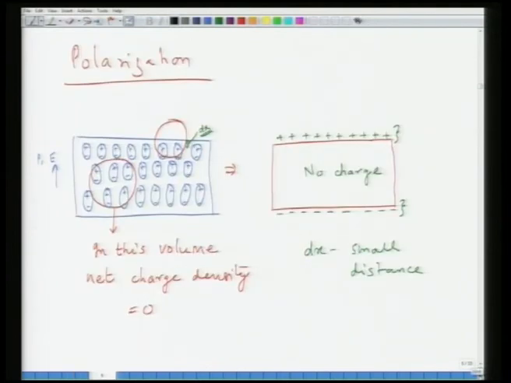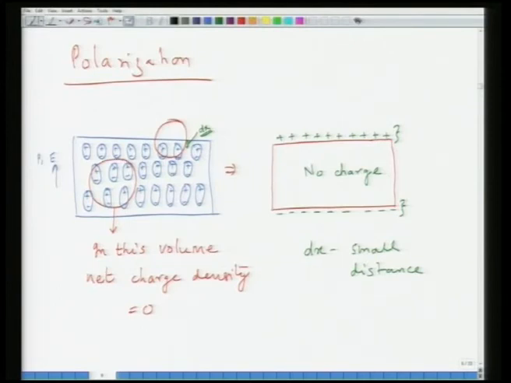So, then we looked into what is the origin of polarization. For that we drew a schematic picture where we took a dielectric material and assumed that it is polarized. Under the polarized condition, we probed two volumes. We can probe inside the material itself, and we find that the net surface charge density within that particular volume is equal to 0, because positive and negative charges cancel each other.